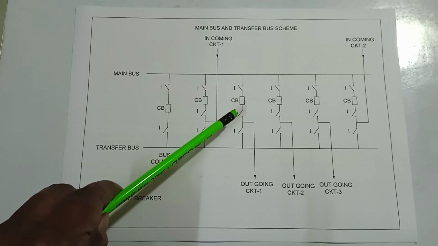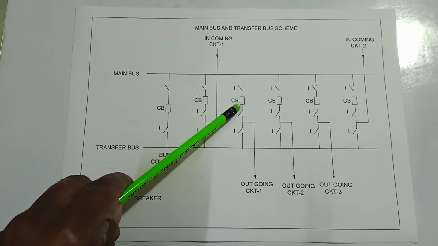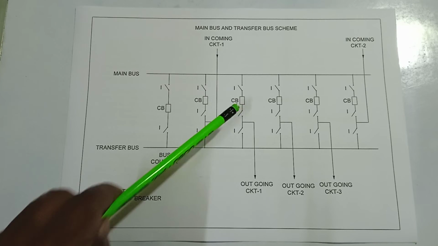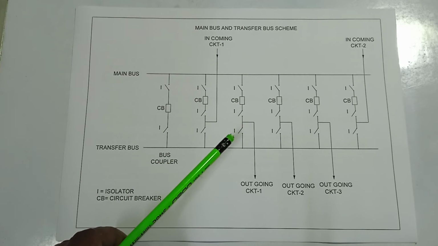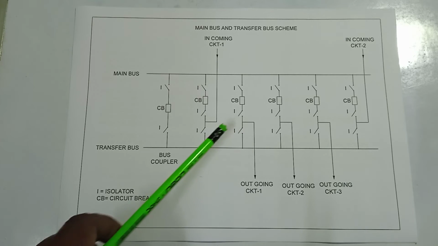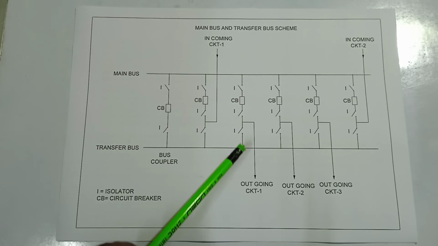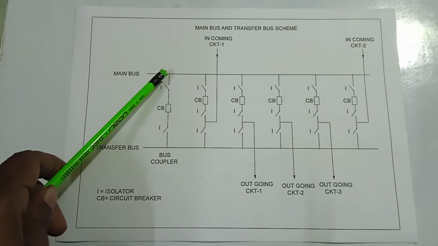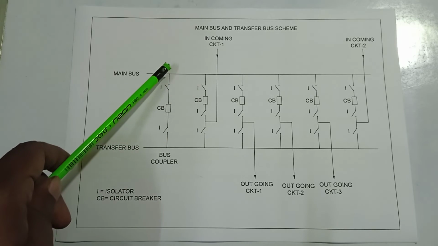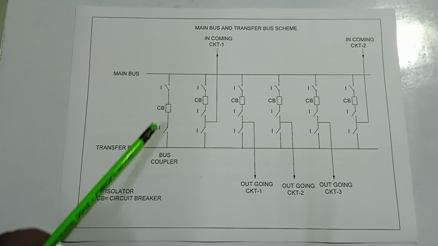If breaker maintenance is required for the circuit breaker of outgoing circuit 1, then what is done? This isolator is closed and this is the bus coupler. This is also closed, the associated isolator and circuit breaker.